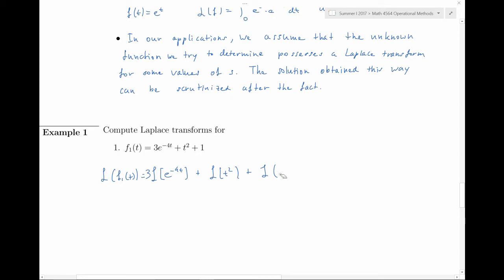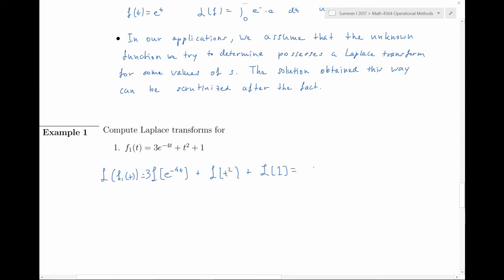And you might say, wait a second, we didn't do the function 1. Well, we did. The function 1 right here is the Heaviside function, because remember we assumed that everything is 0 for negative t. So f1 is 0 at negative t and everything is multiplied by the Heaviside function. So the Laplace transform of 1 is actually the Laplace transform of the Heaviside function.